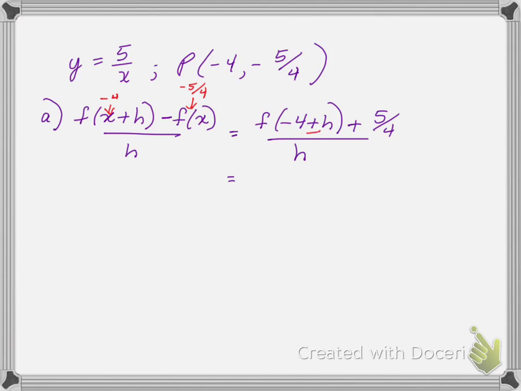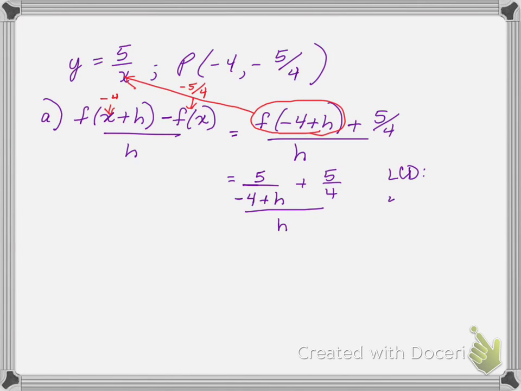And so now we just need to figure out what this quantity here is. So f of -4 plus h, we just plug that -4 plus h into our function. So we have 5 over, instead of x, again, we have -4 plus h. Okay, and then from here we just simplify. So the common denominator here is 4 times -4 plus h. So we want to get a common denominator in the numerator.